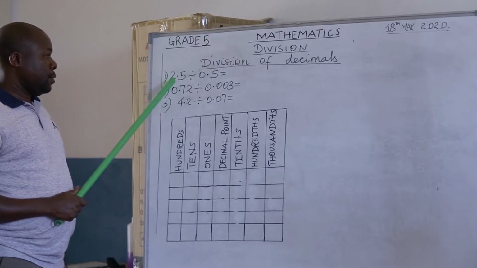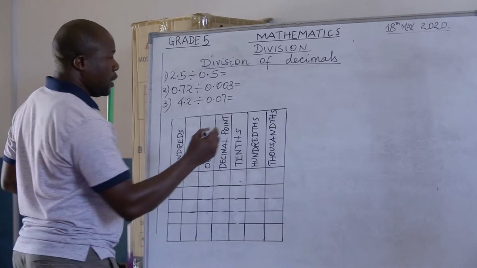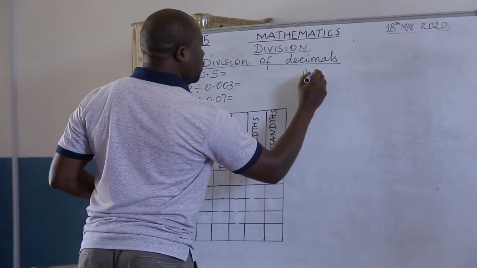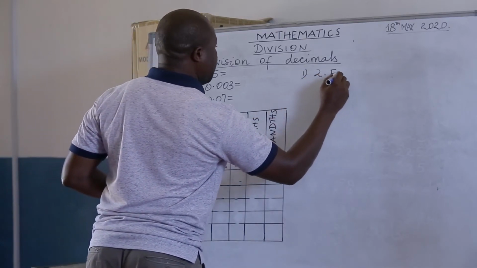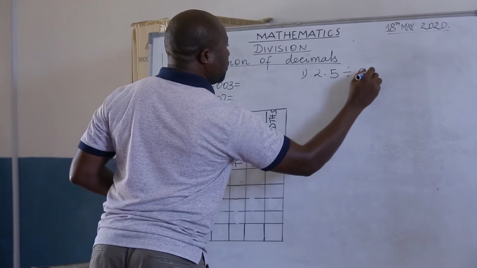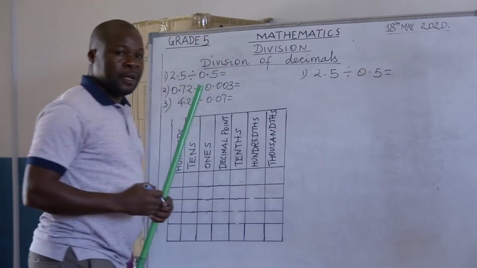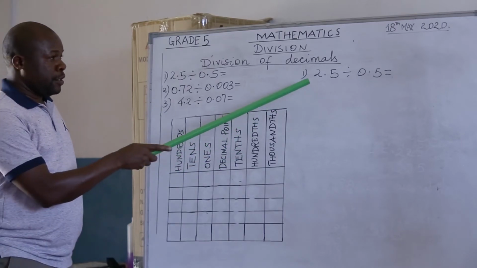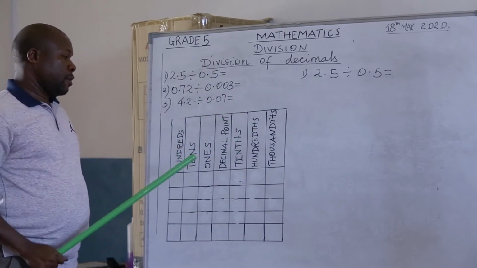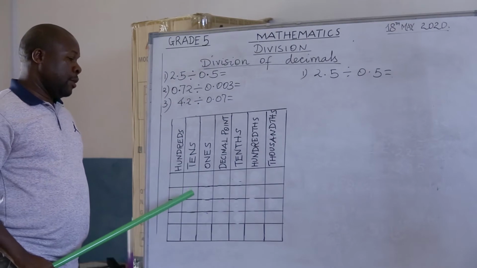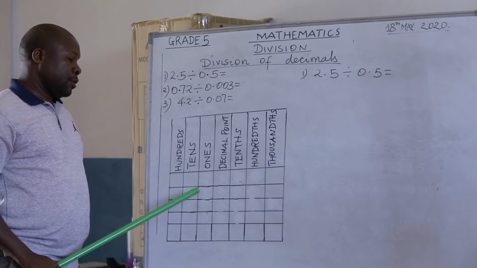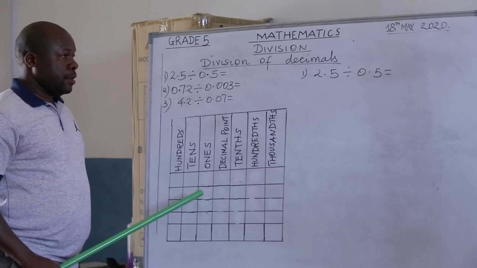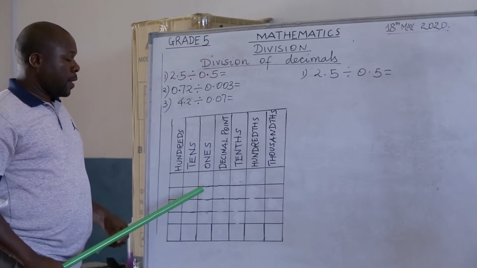The first thing to do when you've been given a question like 2.5 divided by 0.5, dear pupil, is to take this number and insert it in the place value chart as our last lessons have shown.